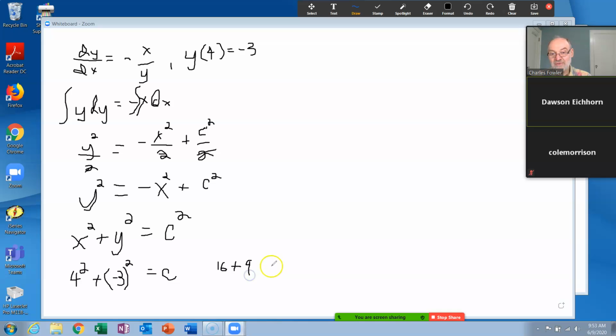And that's equal to? 25, and that should be your c squared, except I wrote it as a c, and nobody said anything. Speak up, okay? And that's equal to your c squared.